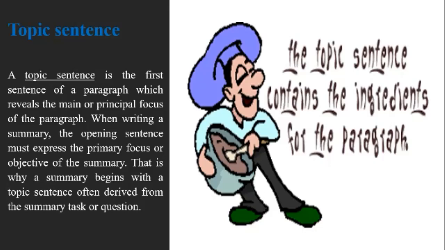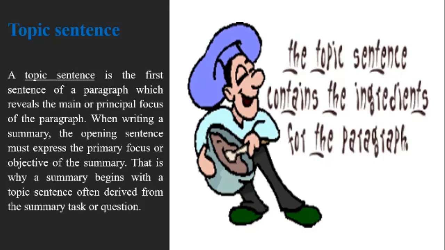Let's say the question says, according to text B, what are the advantages of tourism in Australia? That's the question, so your topic sentence must derive from the focus of the question.